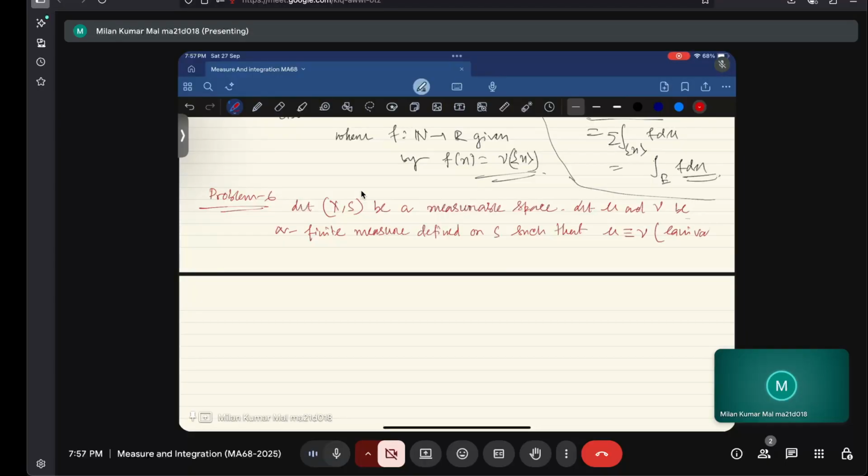What is meant by equivalent? That the Radon-Nikodym derivative d mu by d nu is equal to the inverse of the Radon-Nikodym derivative d nu by d mu, almost everywhere. So here it says that X is a measurable space, mu and nu are sigma finite measures defined on S such that mu is absolutely continuous with respect to nu and nu is absolutely continuous with respect to mu, so that d mu by d nu is equal to this one.